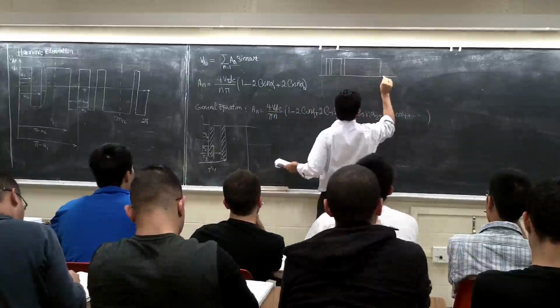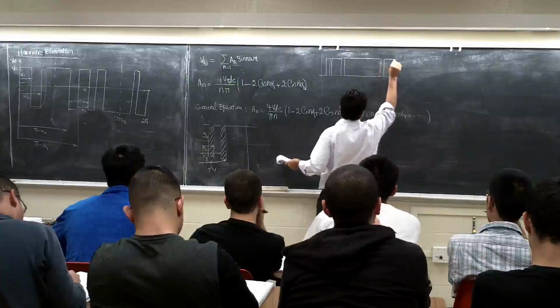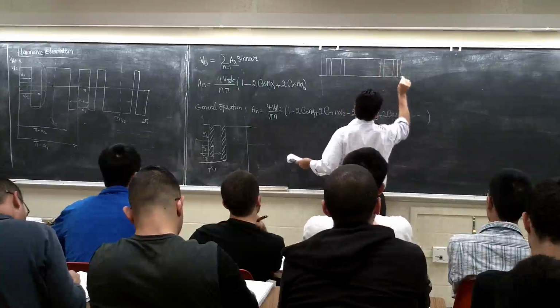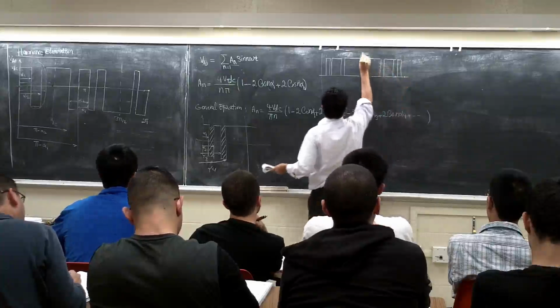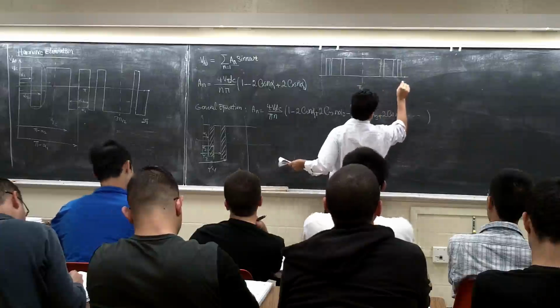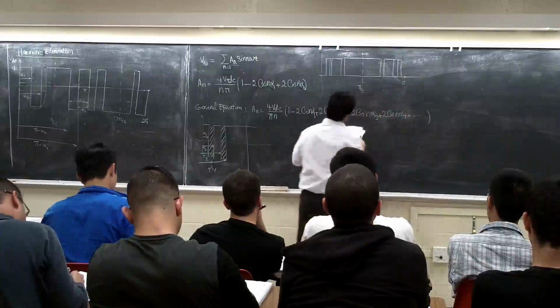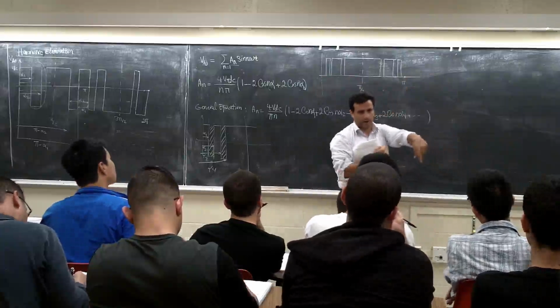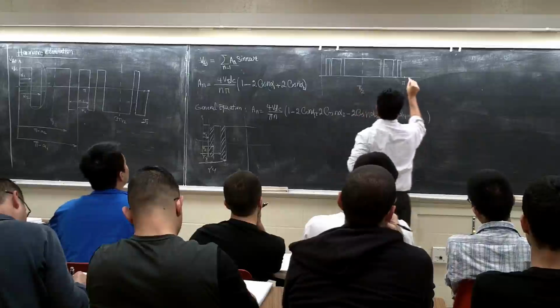It should be symmetrical. This is pi over 2, this is pi, and what is going to happen here? This one is going to copy here upside down, right? Upside down, it's going to be like this.